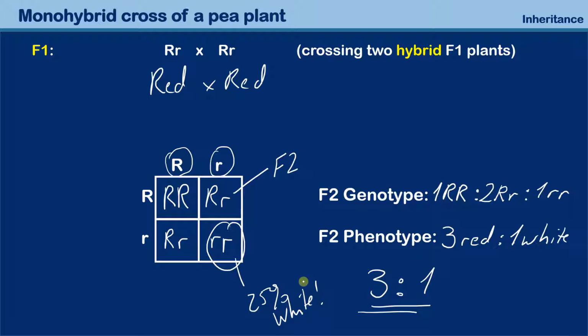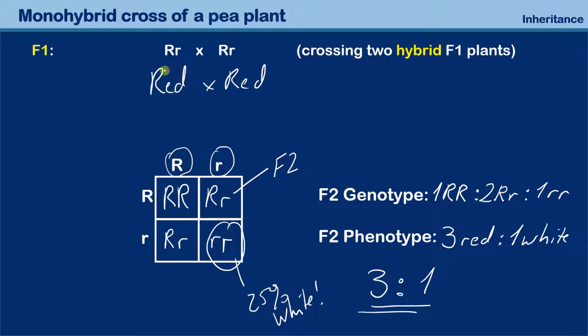So a characteristic reappears which was there in the grandparents, so to say. So these are the parents, but the grandparents, remember, in the pea generation there was a white plant, it reappears here. So the white skips or jumps a generation and reappears only over here in the F2. And that was a little bit of a paradox which he was able to uncover.